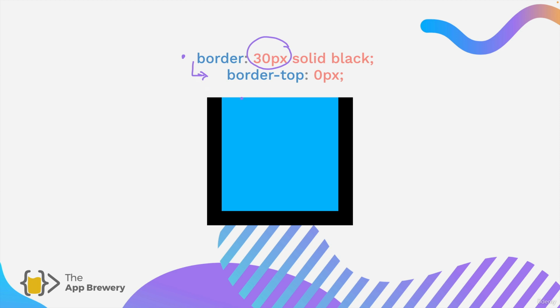In this case, I'm saying I want the top of that border to be 0 pixels instead. Well, the way that these rules are evaluated is first they will look at this line, creating this border, which is 30 pixels all around. But then once it lands on the next line, it evaluates this rule and sees that actually I should amend the top of the border to have 0 pixels. So effectively getting rid of the border at the top here.